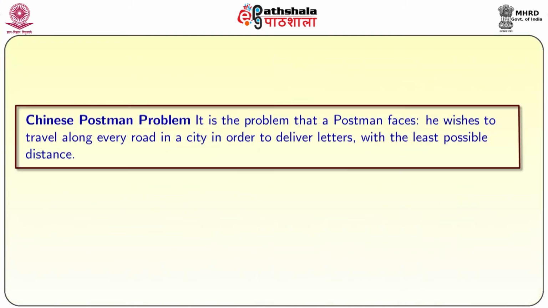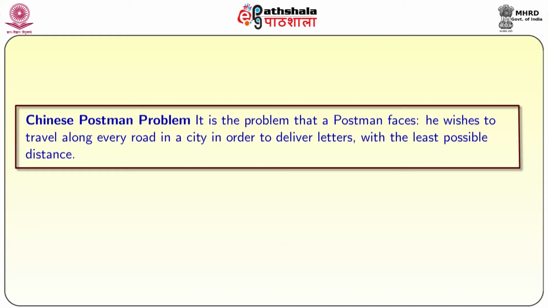Another application of Eulerian graphs is the Chinese postman problem. It is a problem that a postman faces. He wishes to travel along every road in a city in order to deliver letters, with the least possible distance. So, this problem can also be converted into an Eulerian graph problem.